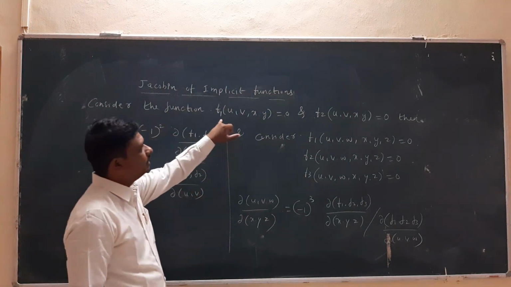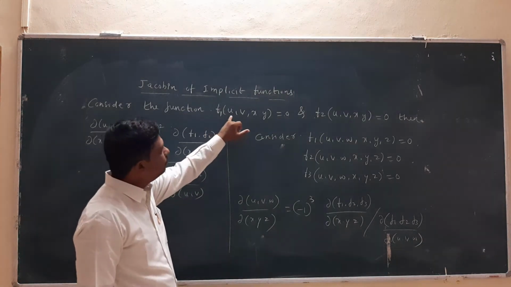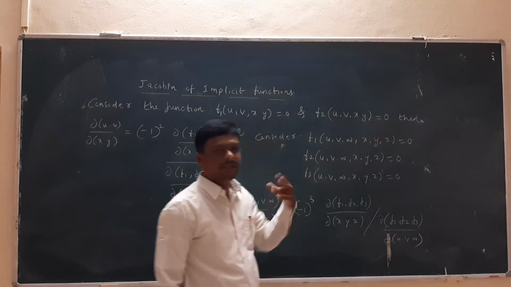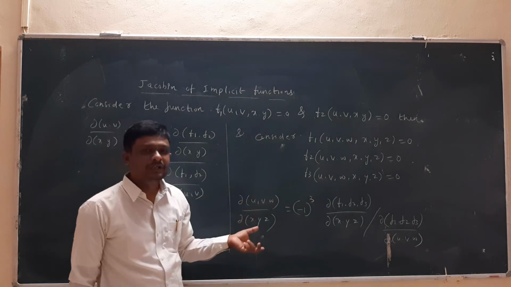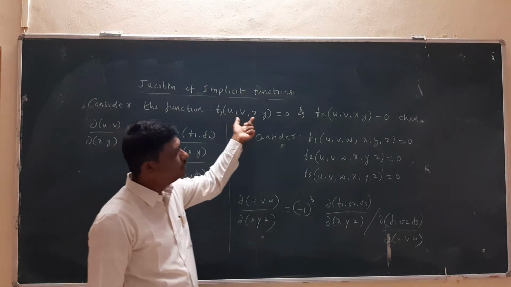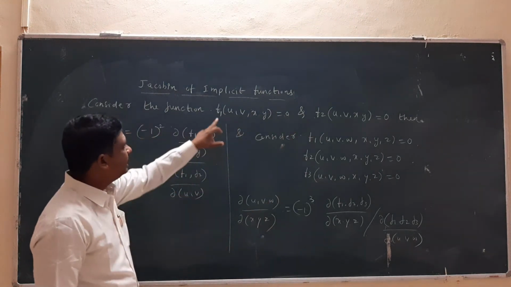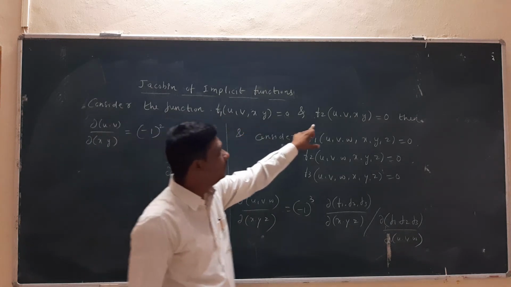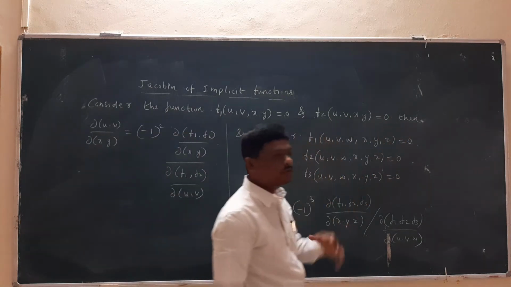consider the functions f1 of u, v, x, y and f2 of u, v, x, y. Here I am taking two functions of the variables u, v, x, y. So let f1 of u, v, x, y equal to 0 and f2 of u, v, x, y equal to 0.